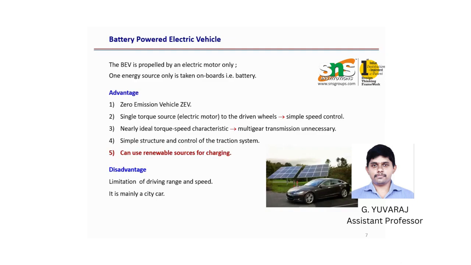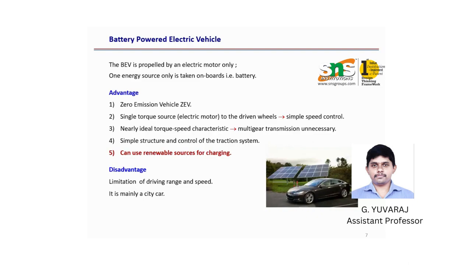So when we take the battery powered electric vehicle, we know that for all electric vehicles the basic quality is that it is a zero emission vehicle. Here they are using only a single torque source, and only one energy source, and it has nearly ideal torque speed characteristics, and it can use a renewable source for recharging.